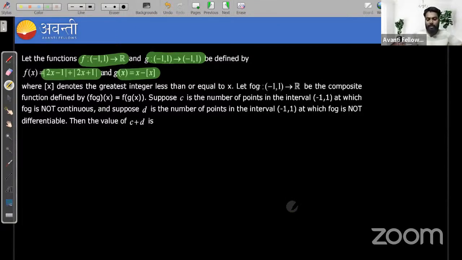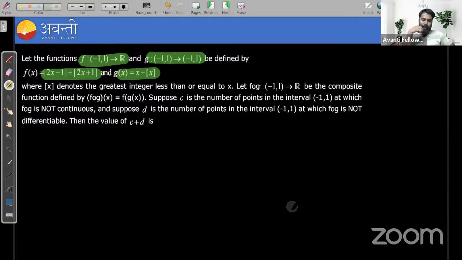Suppose c is the number of points in the interval minus 1 to 1 at which f of g of x is not continuous, and suppose d is the number of points in the interval minus 1 to 1 at which f of g of x is not differentiable.